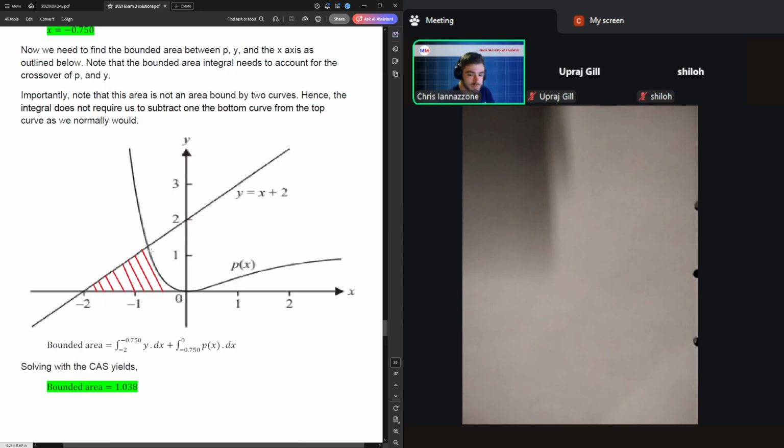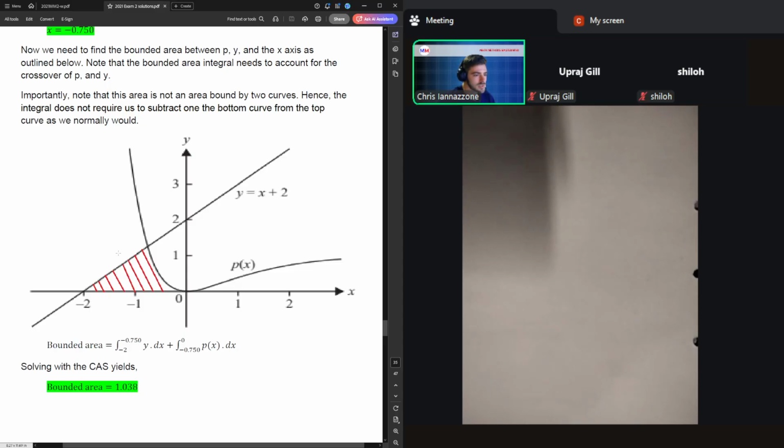Now, the interesting part about this is even though it mentioned 2 separate curves, it's closer to a crossover of curves type situation than it is bound between 2 curves, because neither one of these is on top of the other. You've got the linear, which is on top of the x-axis for the entire duration, and then over this crossover point you've got p of x, which is also on top of the x-axis for that entire duration.